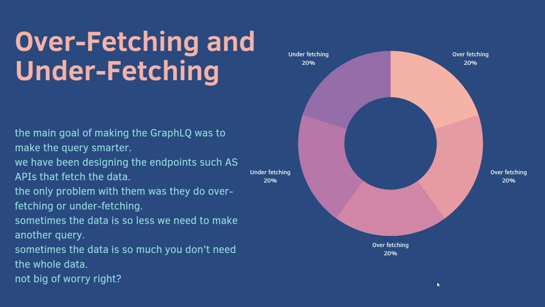I just want 5 records from each group. That is overfetching.